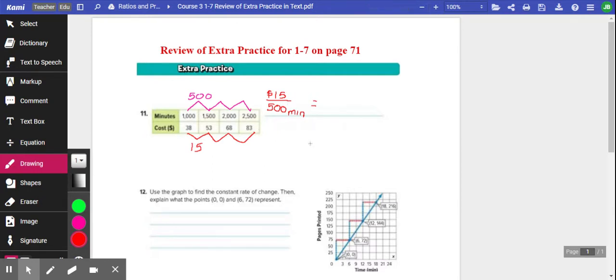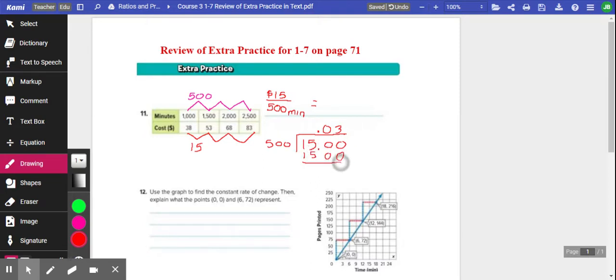So we would take 15, and we're going to divide that by 500. And we know, hey, while 500 doesn't go into 1, it doesn't go into 15, it doesn't even go into 150. So we're going to put our placeholder there. But it will go into 1,500, and it goes into 1,500 3 times. 3 times 500 is 1,500.